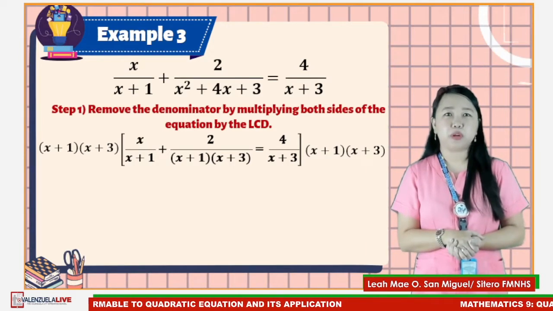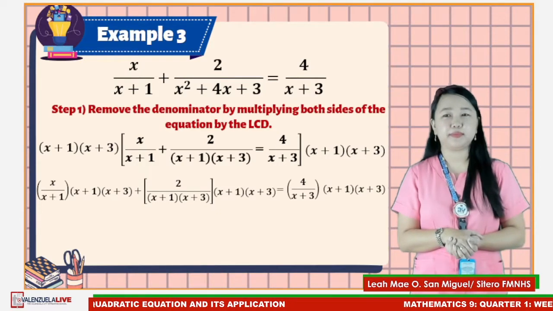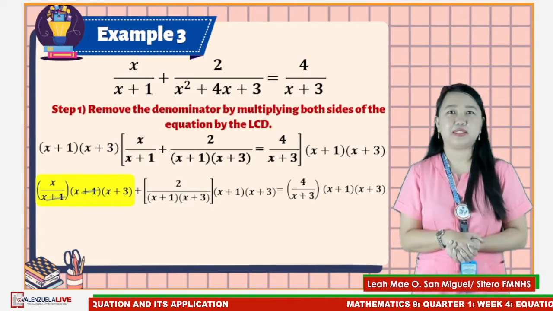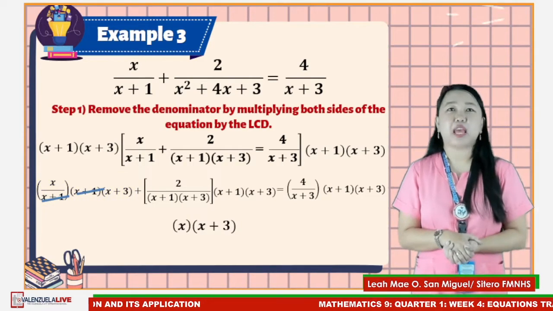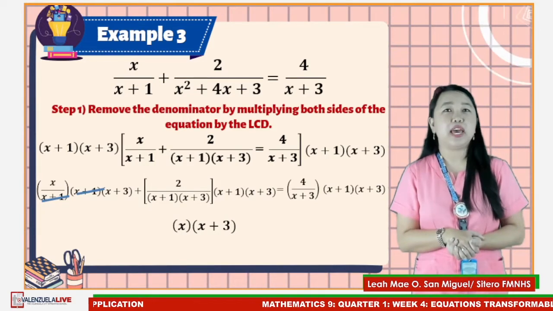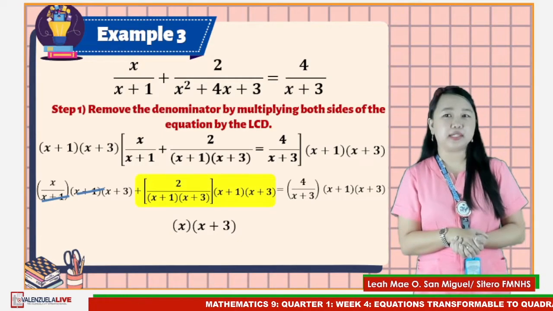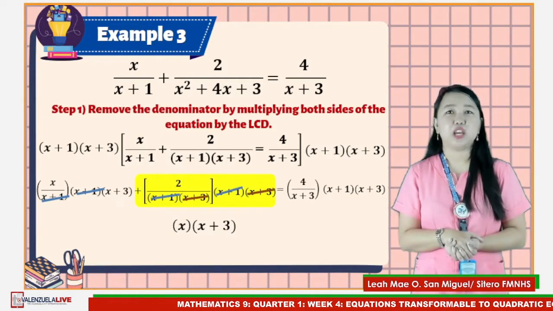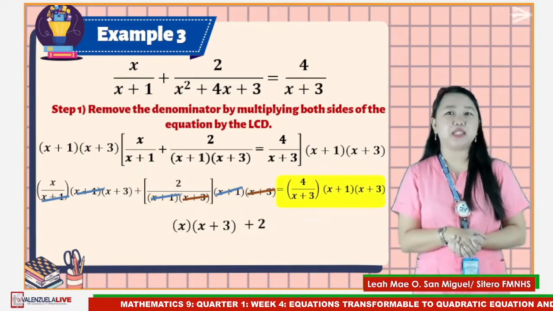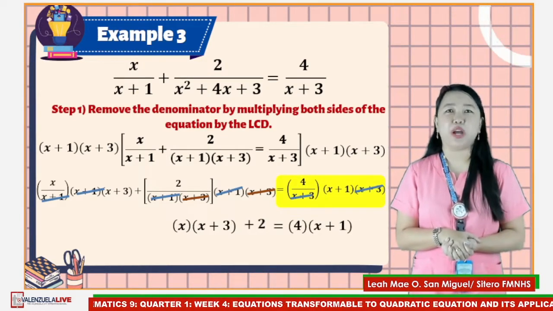The first term multiplied by the LCD will give us x times x plus 3 because x plus 1 divided by x plus 1 equals 1. Second term multiplied by the LCD is 2. Third term multiplied by the LCD is equal to 4 times x plus 1.